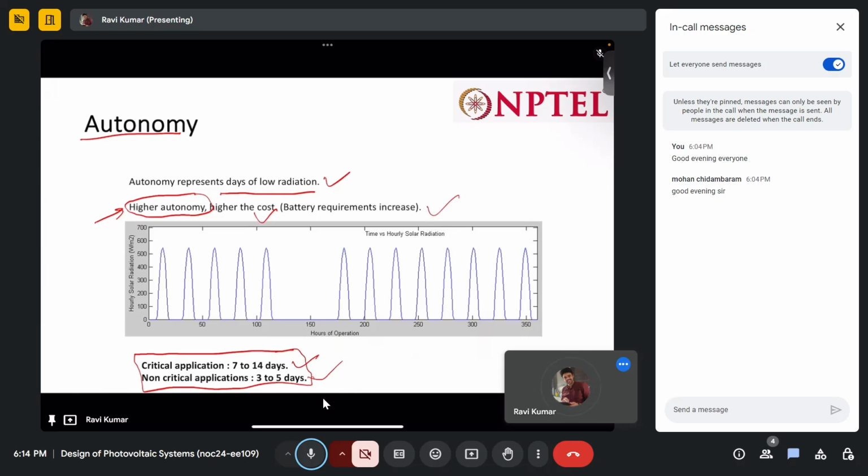It means we design our battery considering that a critical application should run 7 to 14 days without the solar PV system, and a non-critical application should work for 3 to 5 days. So this is all about the autonomy.